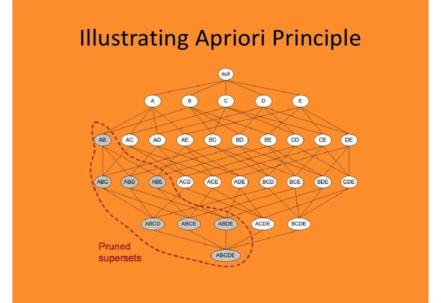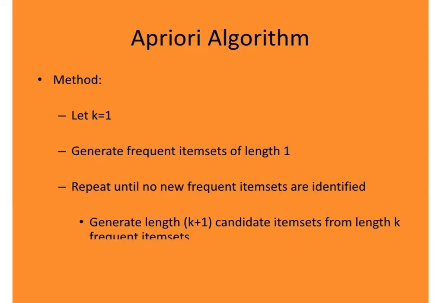In terms of the algorithm, let k equal 1, then generate frequent item sets of length 1, and repeat until no frequent item set is identified.